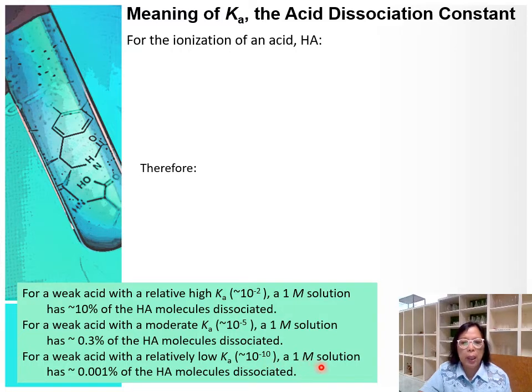Hence, a 1M solution has approximately 0.001% of HA molecules dissociated. So meaning to say, the weaker the acid, the lower also is its HA molecule dissociation.